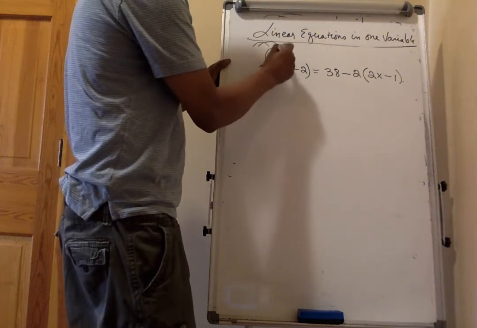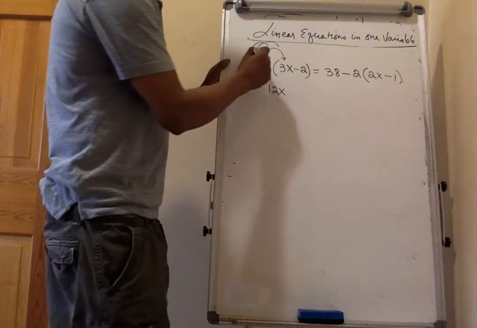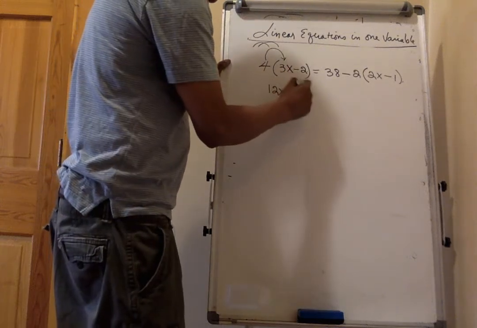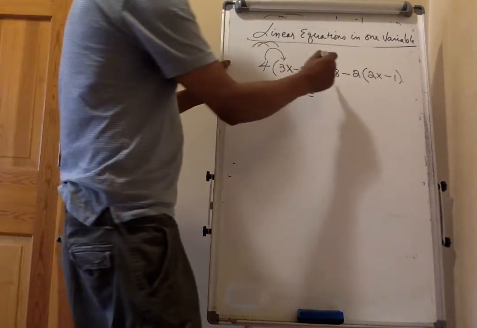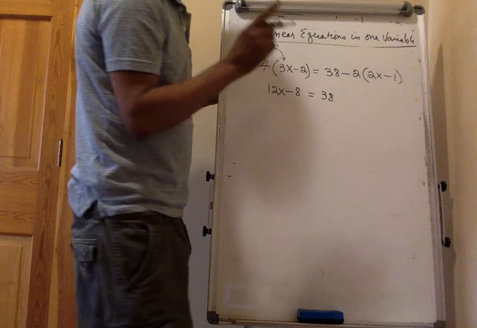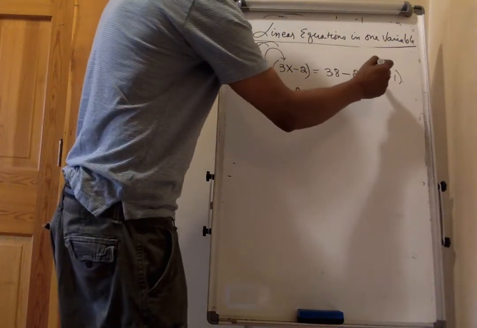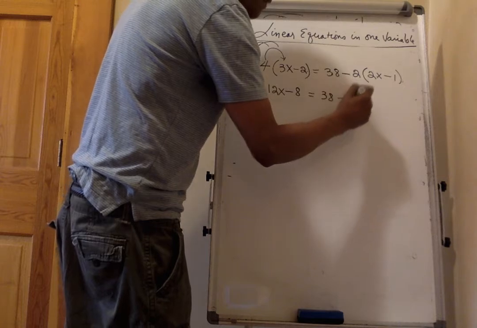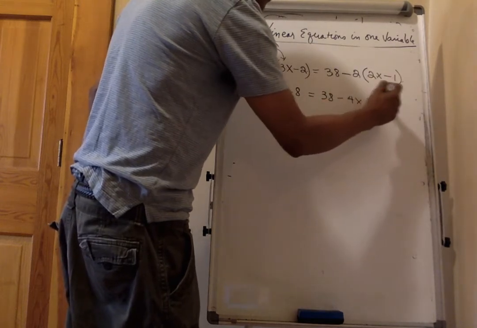So I do 4 times 3x, which is 12x, and 4 times negative 2, which is negative 8. Then bring down 38. Once again, distribute not just 2, but negative 2. So negative 2 times 2x is negative 4x, and negative 2 times negative 1 is positive 2.